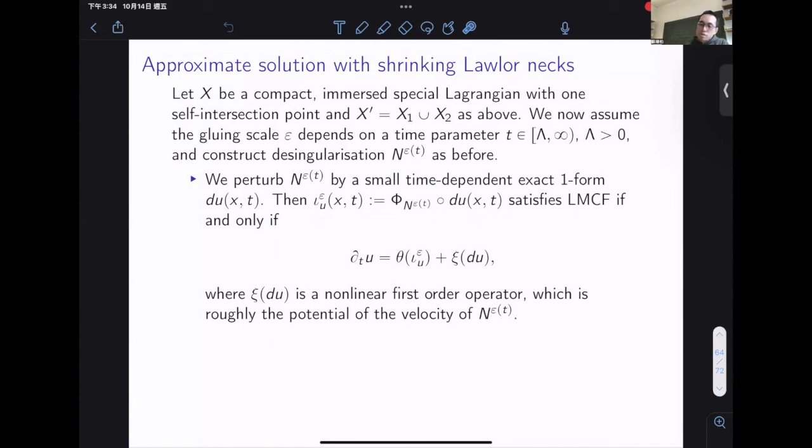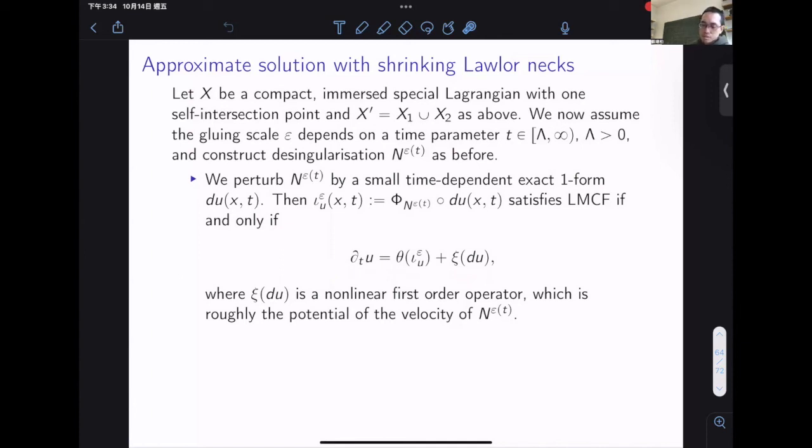Then if we do this, we can see that this perturbed family satisfies the Lagrangian mean curvature flow if and only if u satisfies this fully nonlinear equation.